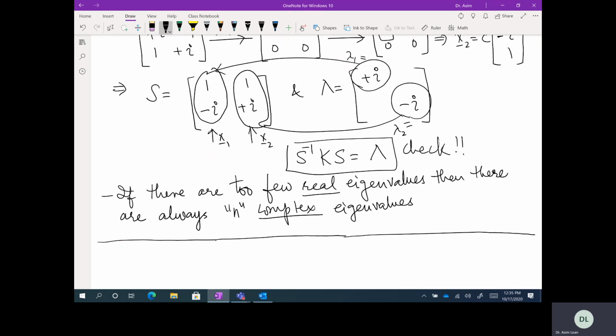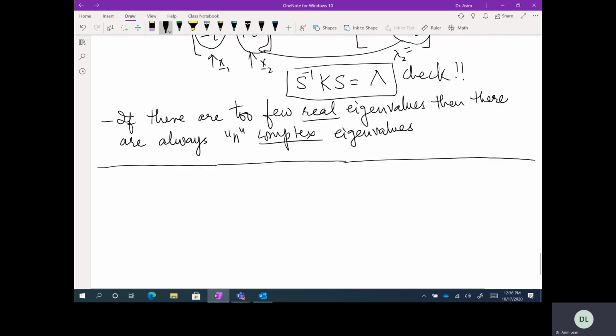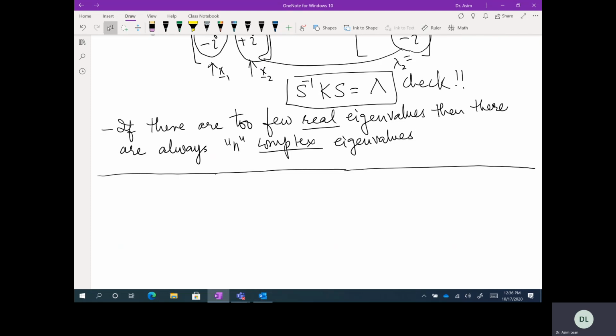So what is the advantage of diagonalizing a matrix? One of the simplest examples is, what if somebody asks you to take powers of a matrix? So what about powers and products?